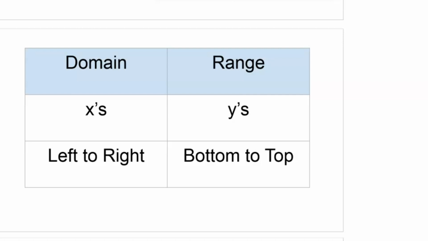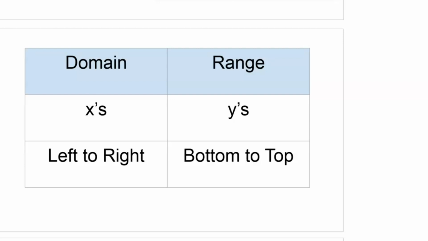We didn't look at the range yet. And then the range covers the y values, and we read it from the bottom to the top. So you're looking at what are the y values from the bottom to the top of the graph.